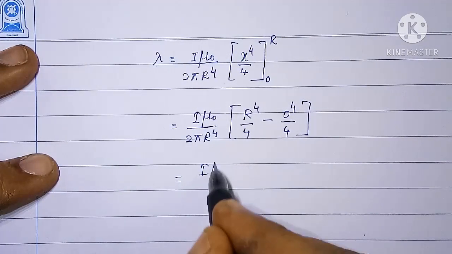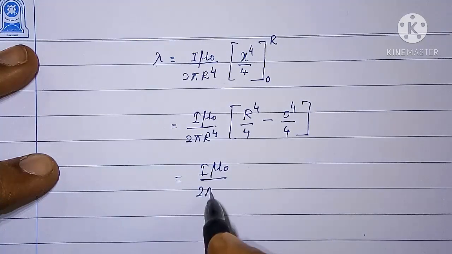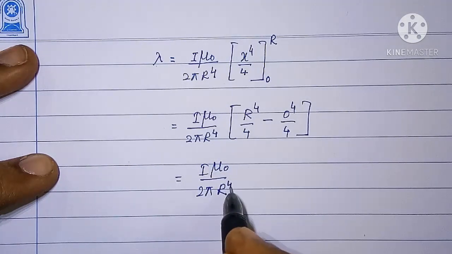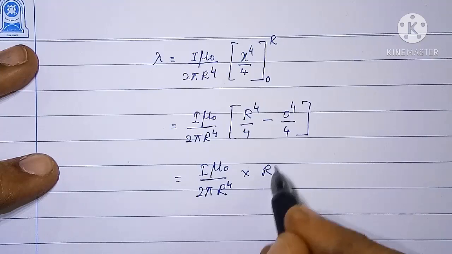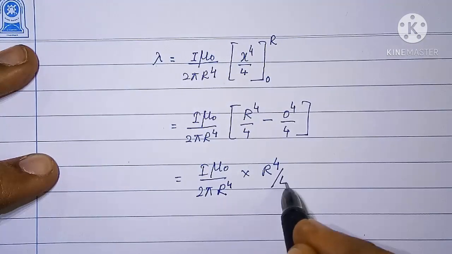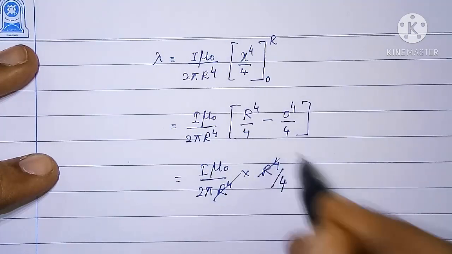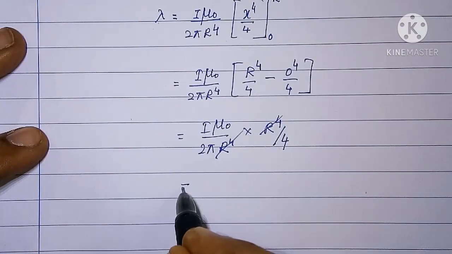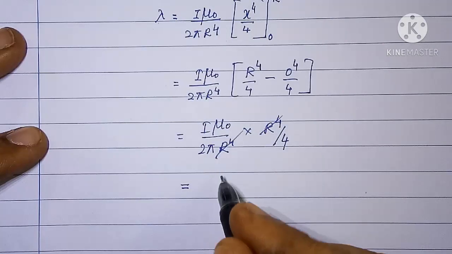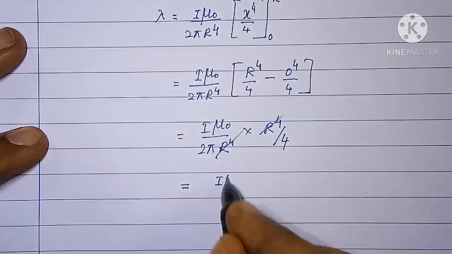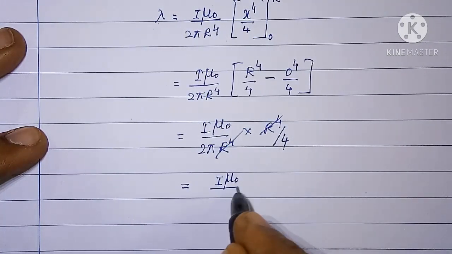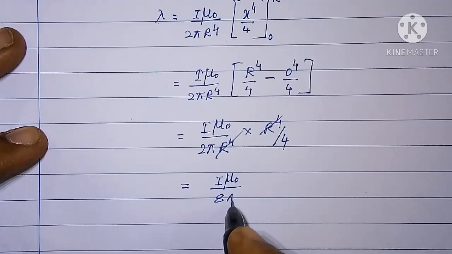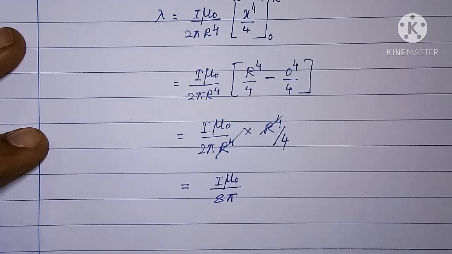This will be I μ0 upon 2π R⁴ into R⁴ upon 4. R⁴ and R⁴ will cancel, and we will have I μ0 upon 8π.